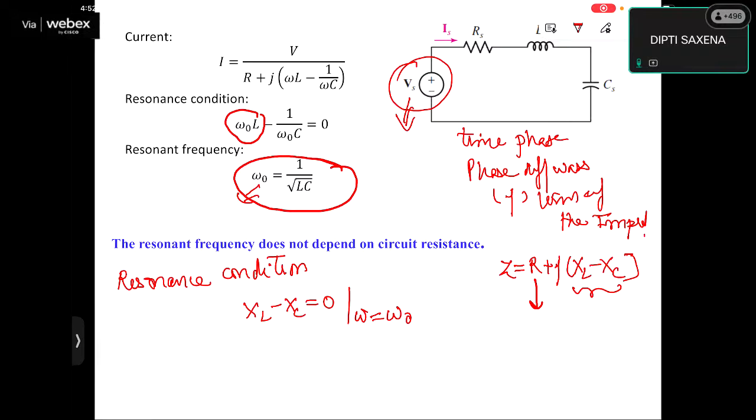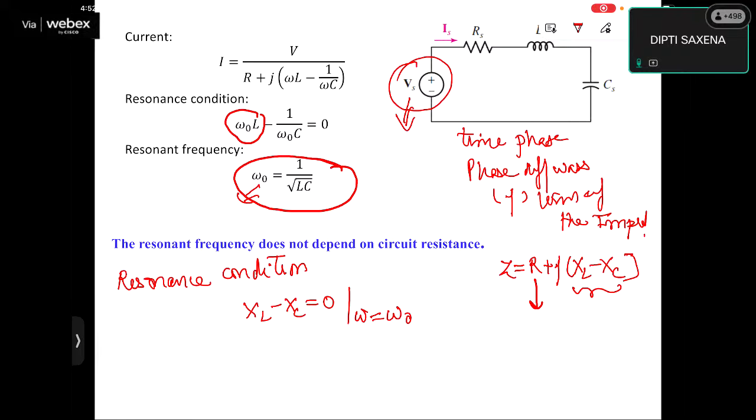That is, the energy will oscillate between the inductor and the capacitor, the two energy storing elements, and R only acts as a damping component. That is, it acts to damp the oscillations, the exchange of energy between L and C. Therefore, the resonant frequency does not depend upon the resistance of the circuit.